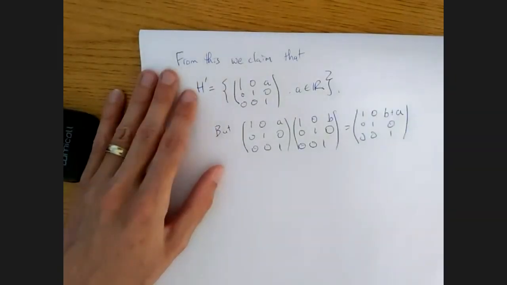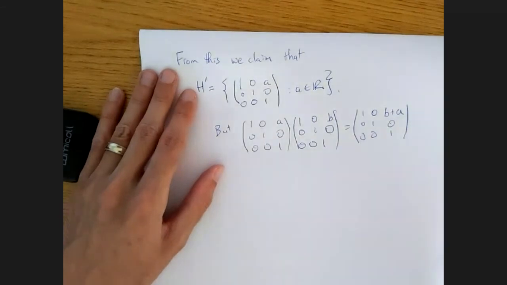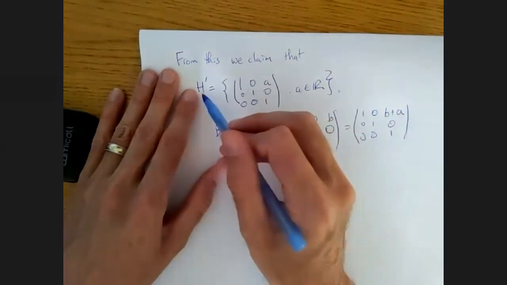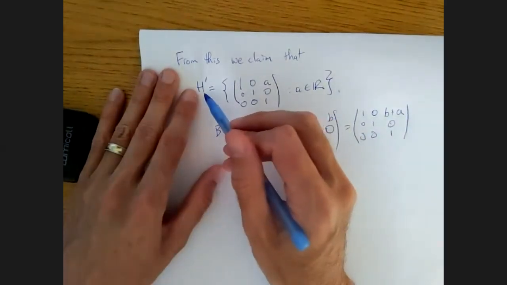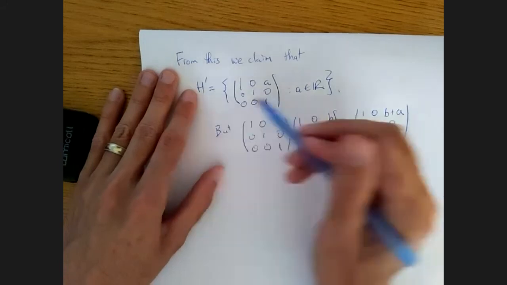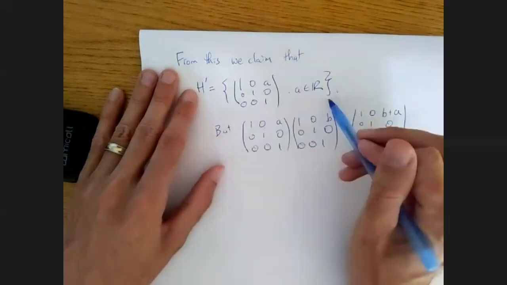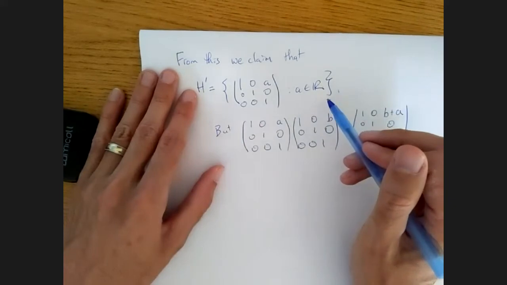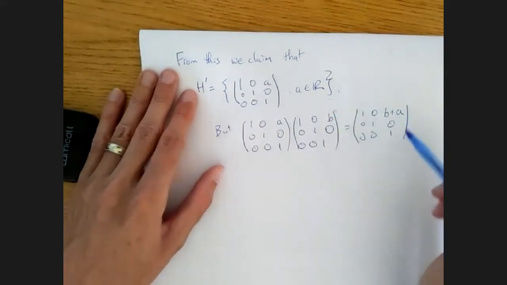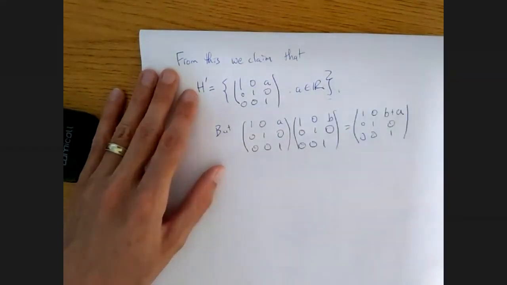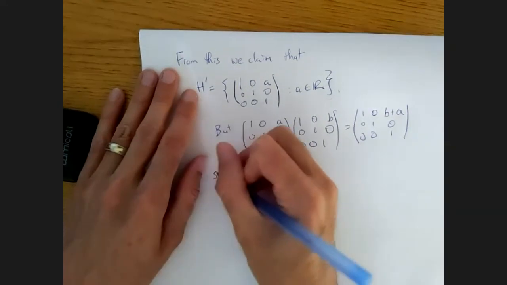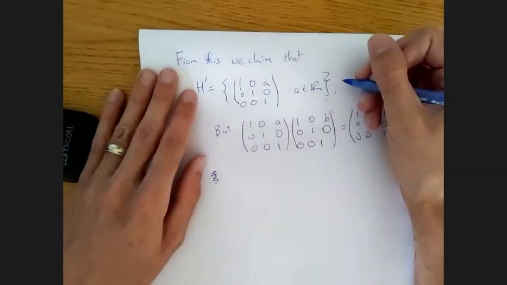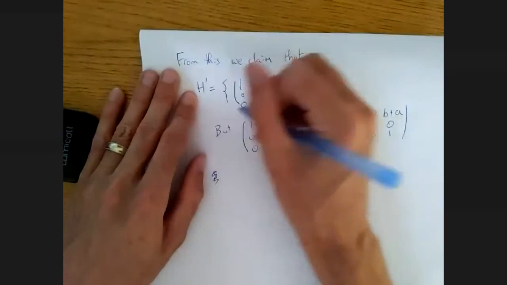Okay. So what this tells me is that the commutator of any two matrices lies in this subgroup. And any element in this subgroup is a commutator.